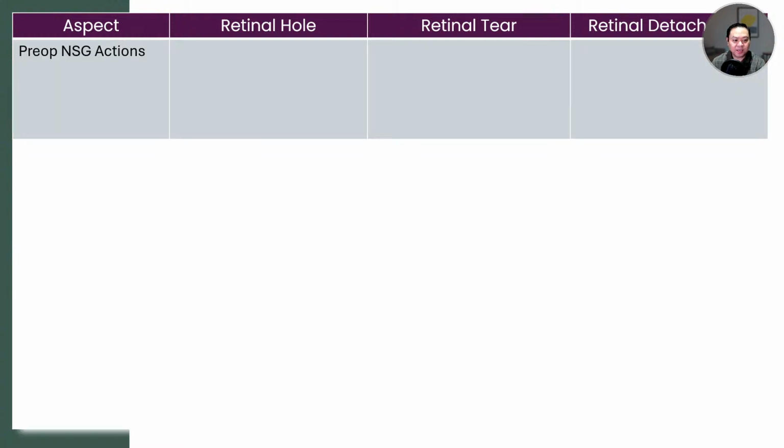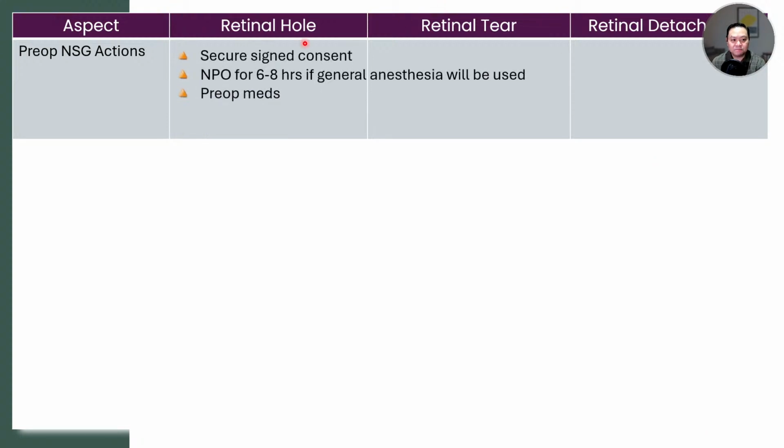Now, let's talk about the pre-op nursing actions this time. Well, this will be applicable between the retinal hole, retinal tear, and retinal detachment. You need to obtain that signed consent, the form that is signed by the patient. Make sure that the medical provider or the surgeon has already discussed to them the risk and the benefits, the alternatives.